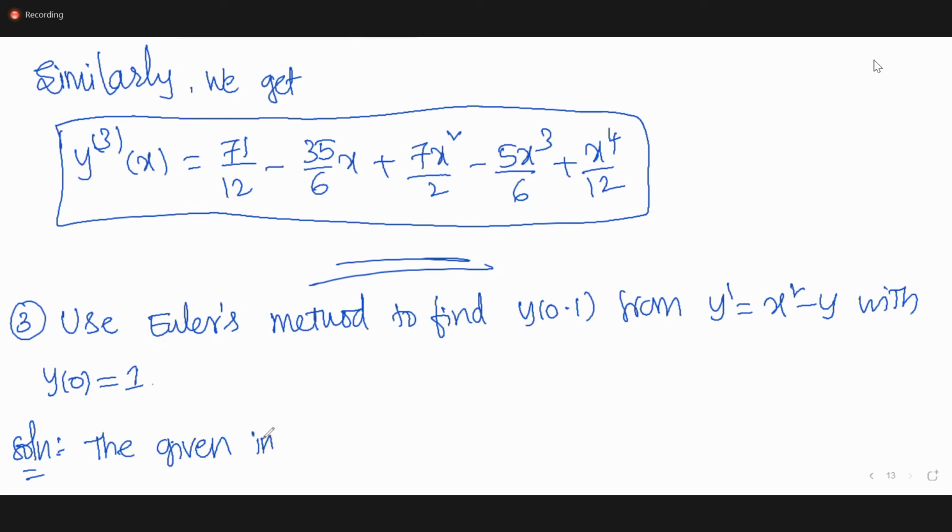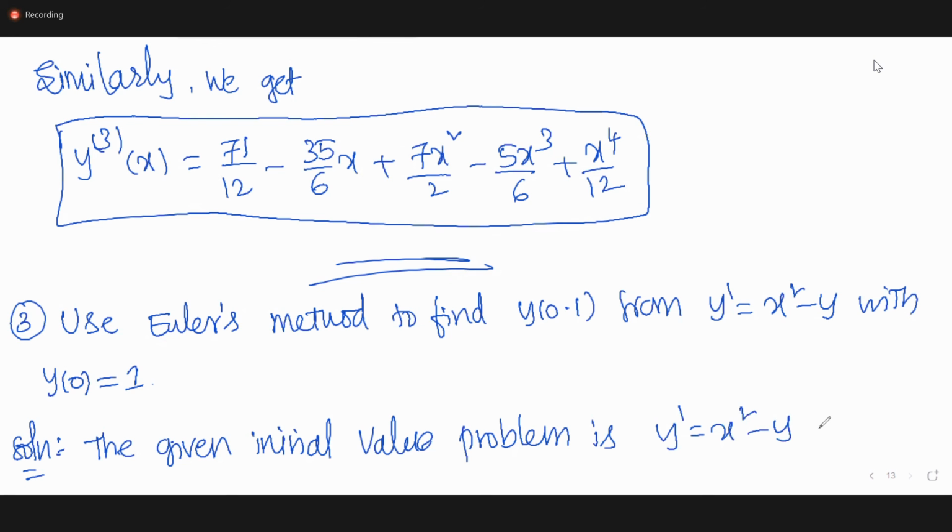The given initial value problem is y dash is equal to x square minus y, with y of 0 is equal to 1. Here f of x comma y is equal to x square minus y. X naught is equal to 0, y naught is equal to 1.